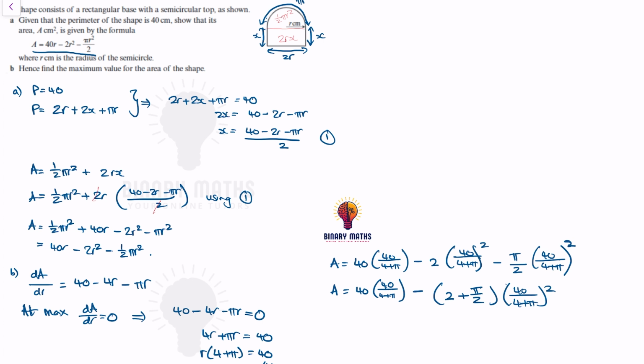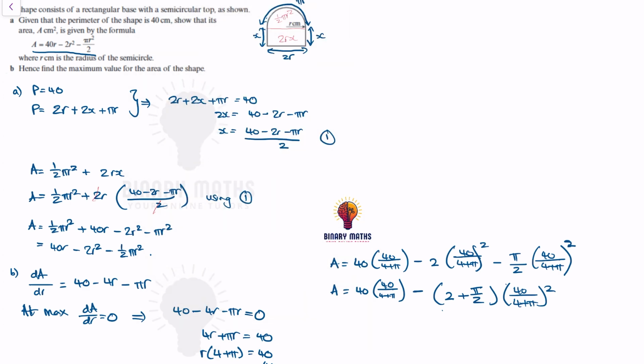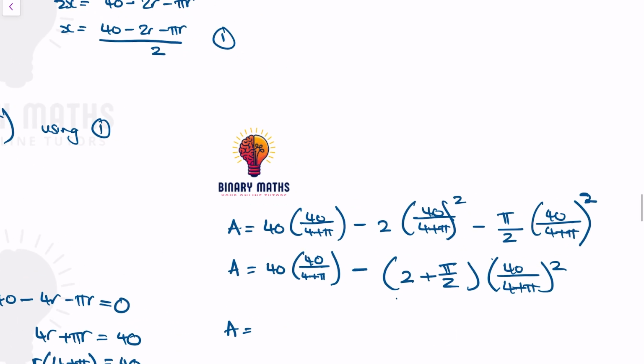Now if I want to write this bracket in a common denominator, then I get A is equal to 40 times 40 over 4 plus pi. Okay, let's make it a bit bigger so it's easier to see.